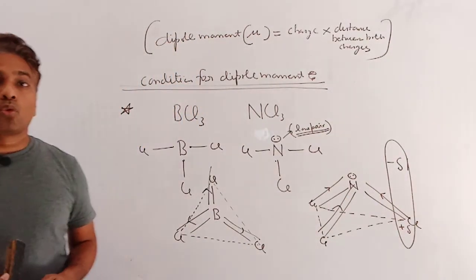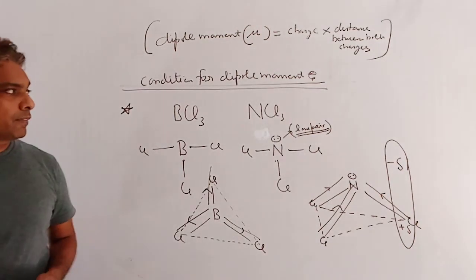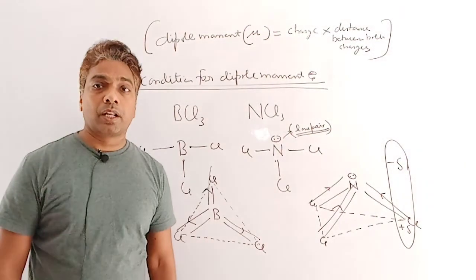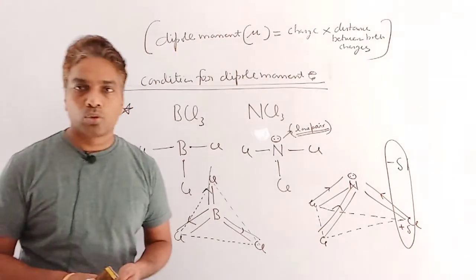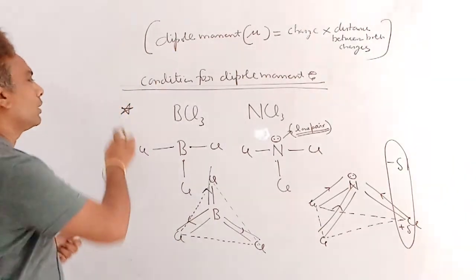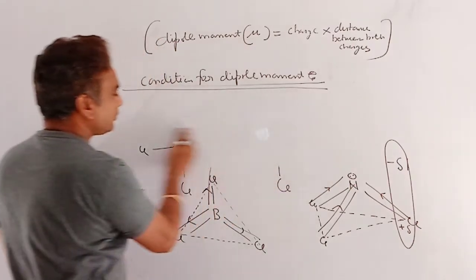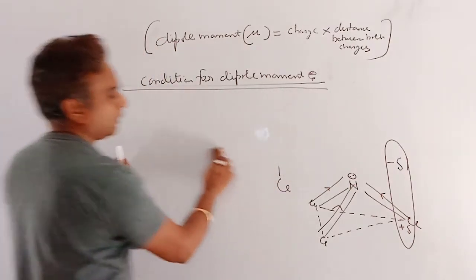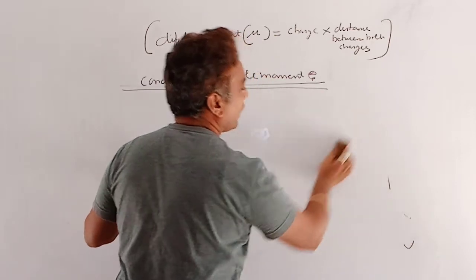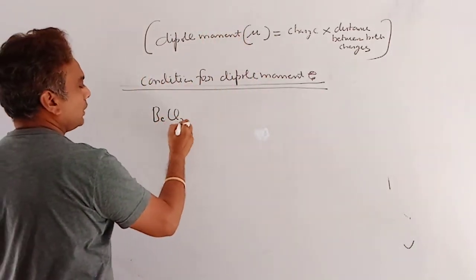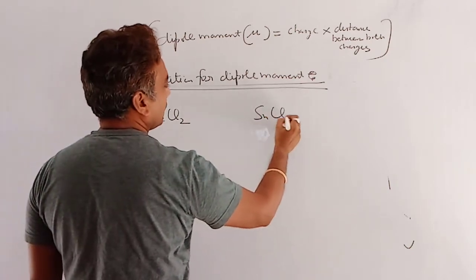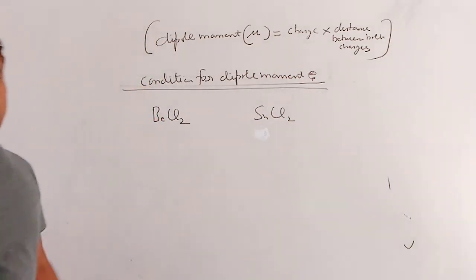Clear? So the first point is, if the central atom contains at least one lone pair, it shows dipole moment. One more example, like BeCl2 as well as SnCl2. Clear?